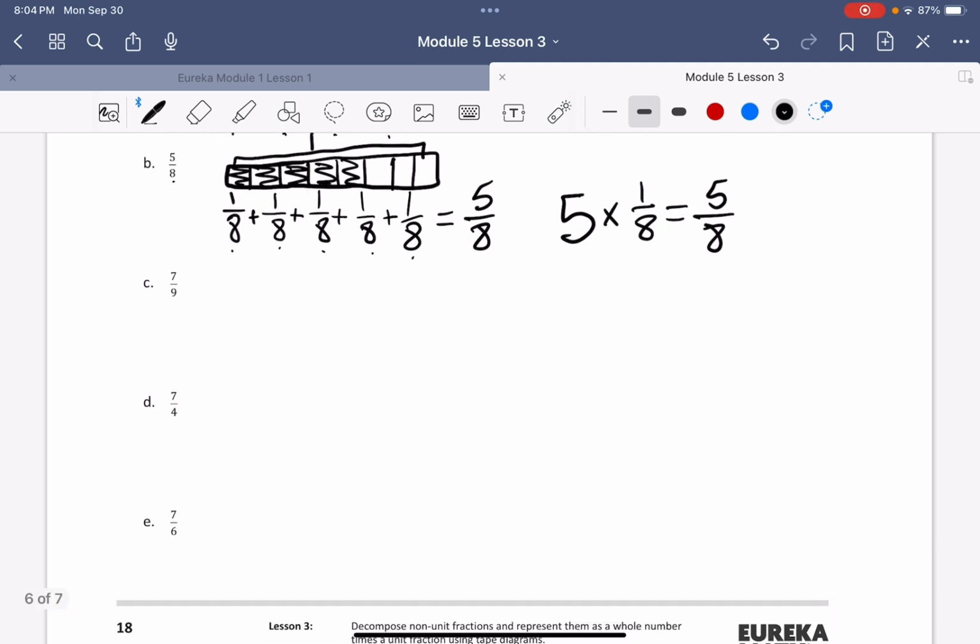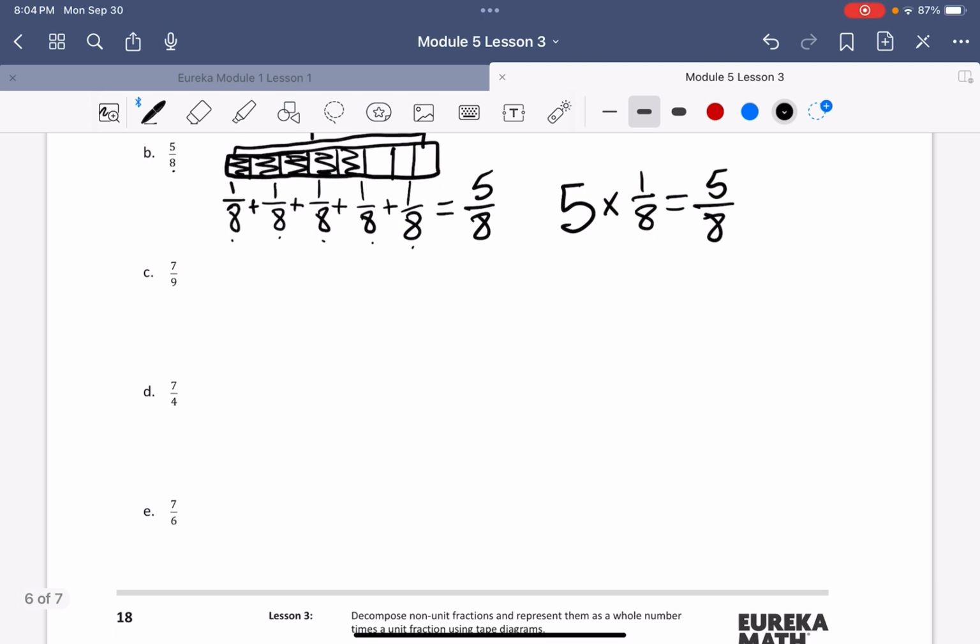All right, let's look at C. On C, we're going to draw our tape diagram. We have 9 parts, or 8 lines. This equals one whole. We need to shade in 7 of those parts. And what would our unit fraction be? Well, each box is worth 1/9.